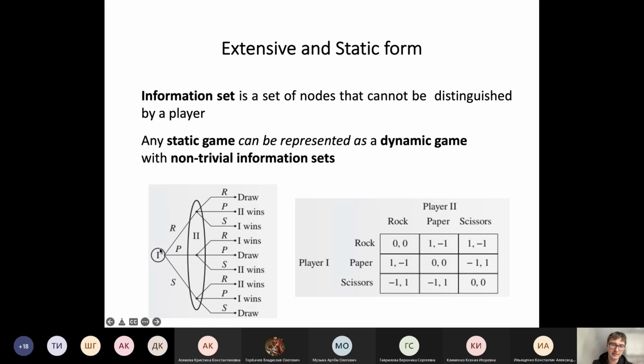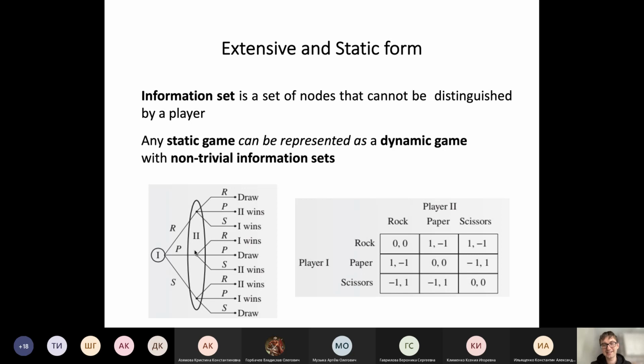So the first player decides what to show: rock, paper, or scissors. Then the second player makes his move, but the second player cannot distinguish between rock, paper, and scissors played by the first player. Let's say as humans, we are pretty slow, right?